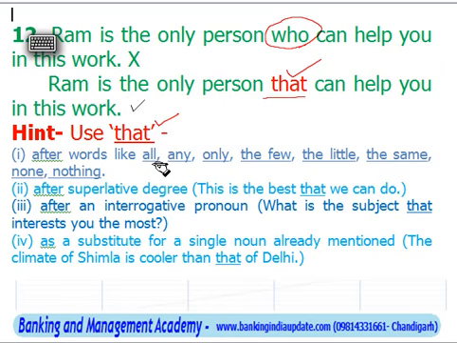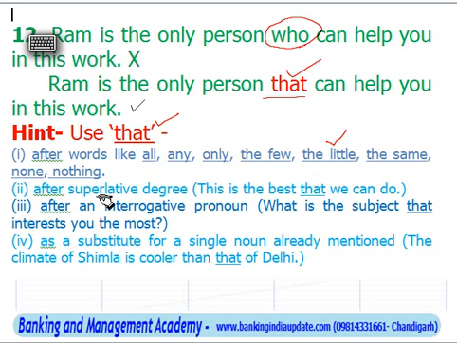Wherever we use the words like all, any, only, the few, the little, the same, none or nothing, we must use the word that. For example, if I use the word little in a sentence, I say, this is the little help that I could offer to you.